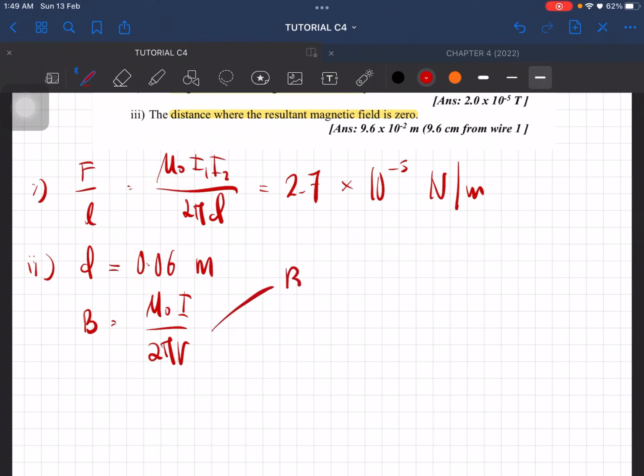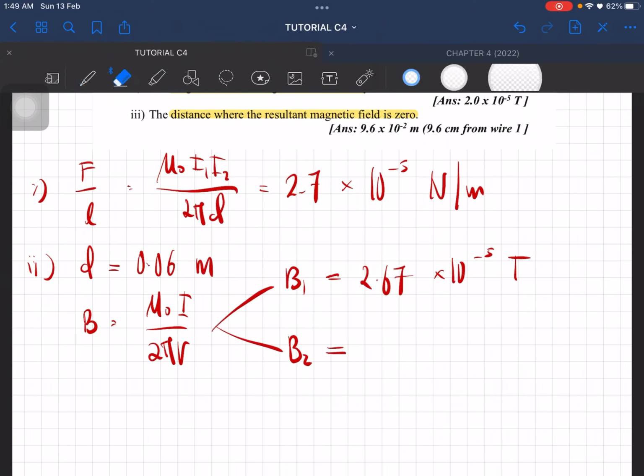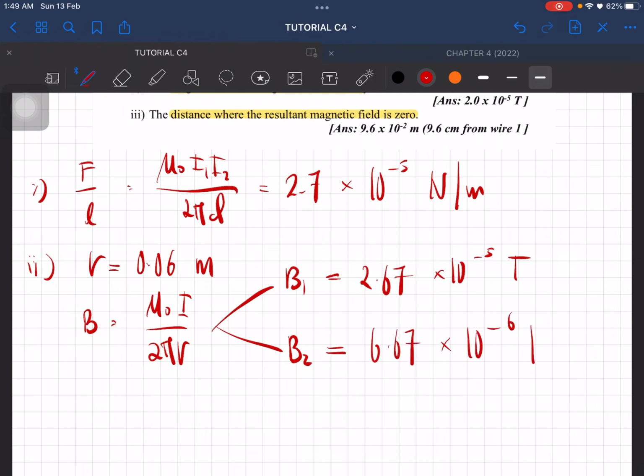Calculate for B1 and B2. B1 you should get 2.67 times 10 negative 5 Tesla, and B2 is the one shown here, and this one is 6.67 times 10 negative 6 Tesla.